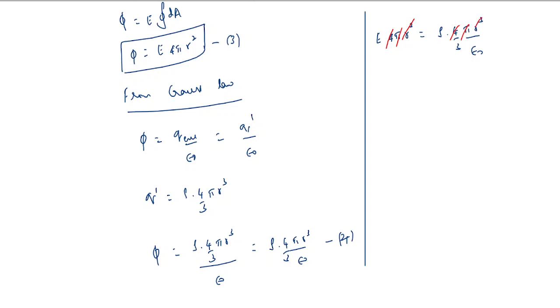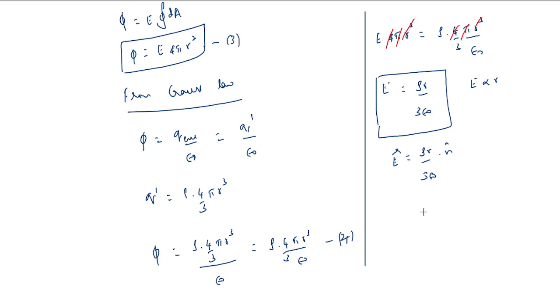What remains is E equal to rho r by 3 epsilon naught. So this is the field. It is surprising here, because in this region E is proportional to r, so from the center it is increasing proportionately. In vector form, E is equal to rho r by 3 epsilon naught into n cap, where n cap is normal to that small region.